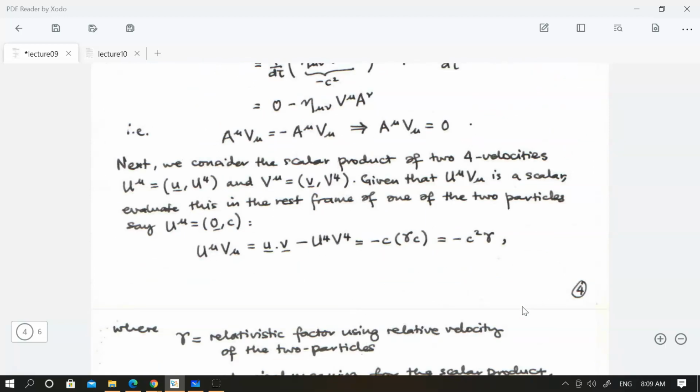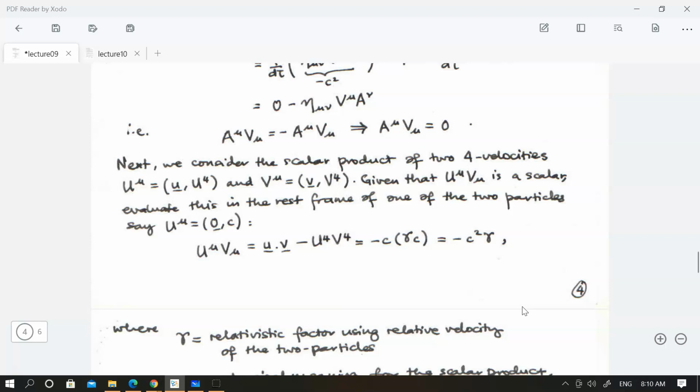The next thing that we want to do is to consider two 4 velocities. One of them is u mu, and the other is v mu, with spatial components given by the vector u and the vector v, and the fourth components u4 and v4.